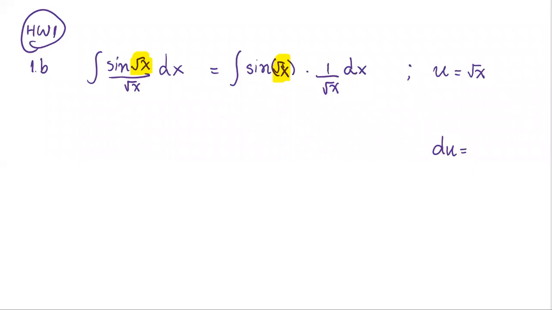I don't know if this is correct, but I think x over 2 raised to the -1/2. I don't know if that's right. Say it again, please. x over 2 raised to the... is that raised to the 1/2?